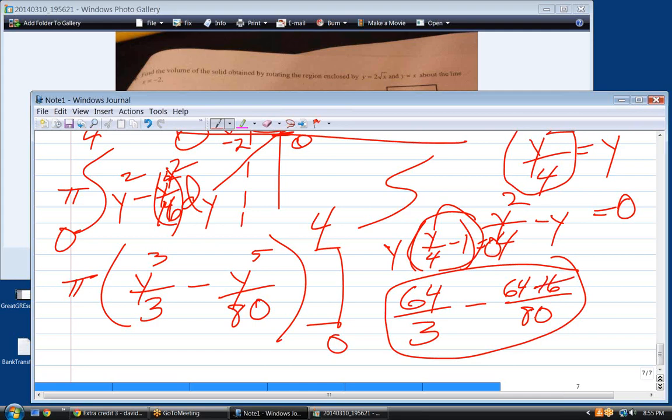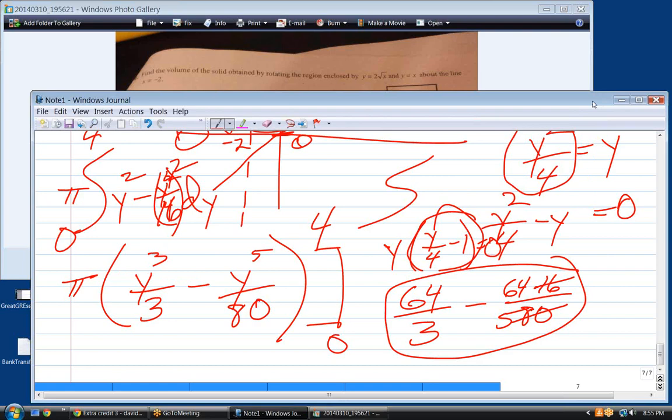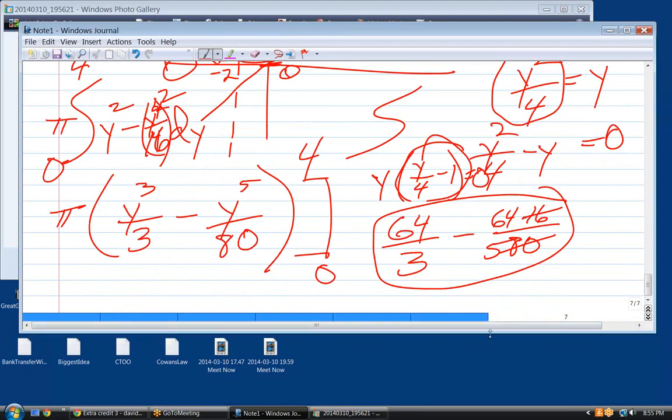Well, I can certainly do that. So now I have 64/3 minus 64/5. How unusual is that? Times pi. What's our answer? 96/5 pi. Well, could that possibly be 96/5?